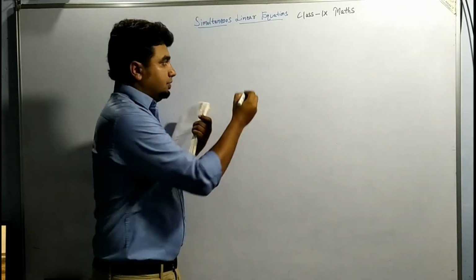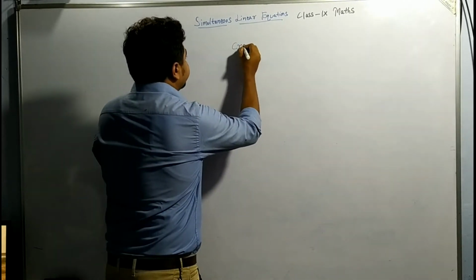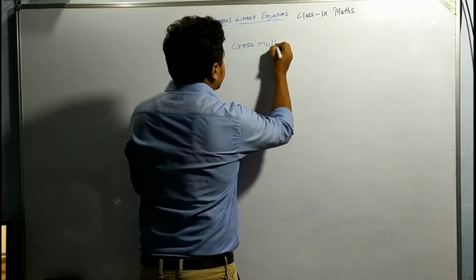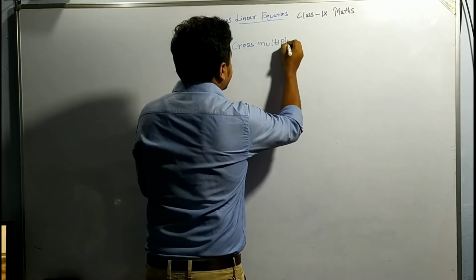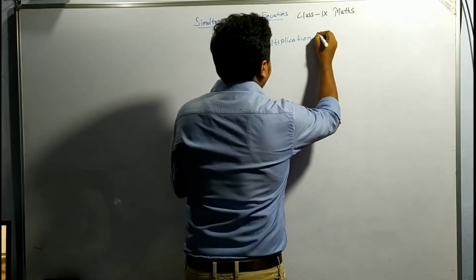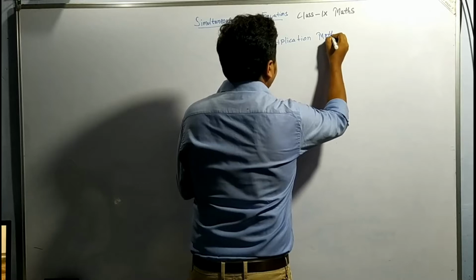So we are going to study the cross multiplication method. This is the third method by which we are able to solve.